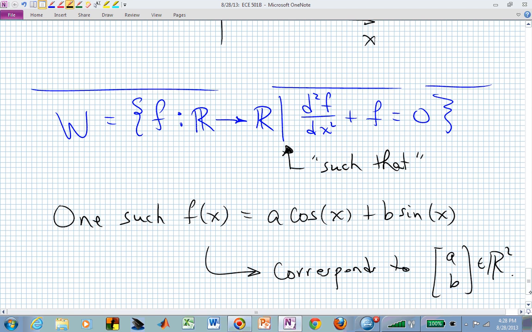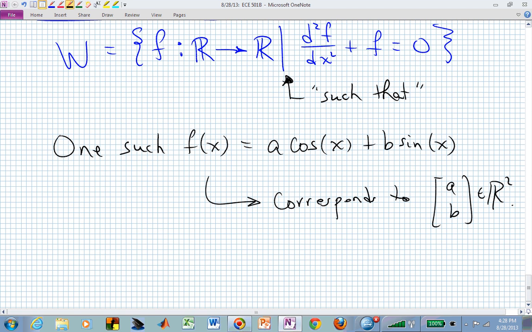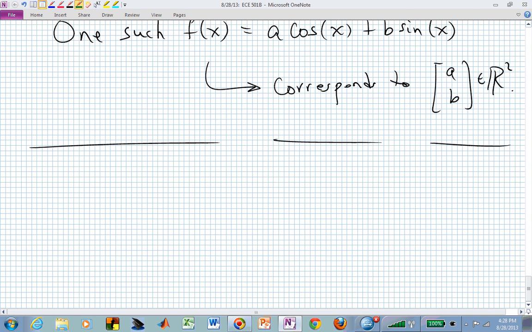All right, those are some examples to get us thinking about vector spaces in the more abstract setting. Let's now go back, and now that we have these vector spaces, what are some of the properties that they satisfy?